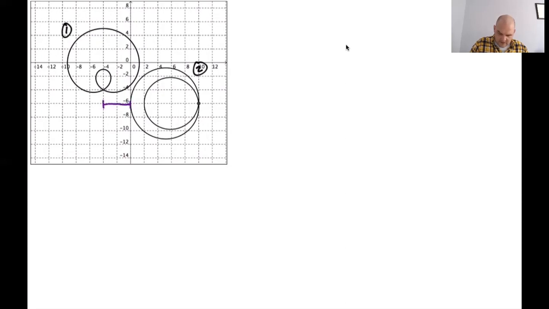So this distance is going to be 4, and that's when theta equals 0. And then when theta equals pi over 2, we're going to get like this distance, and that distance is 4 and then 5, so 9.